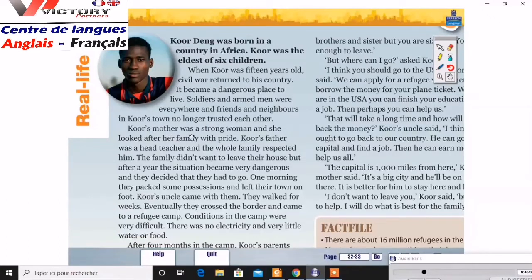Cour's mother was a strong woman, and she looked after her family with pride. Cour's father was a head teacher, and the whole family respected him. The family didn't want to leave their house, but after a year, the situation became very dangerous, and they decided that they had to go.